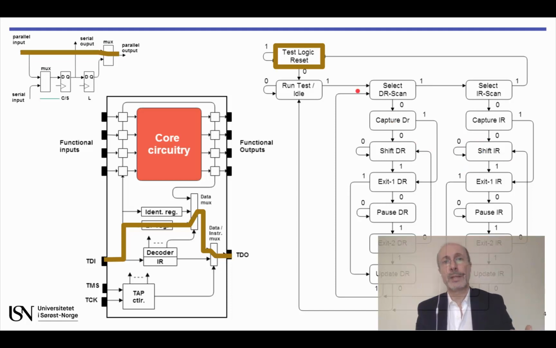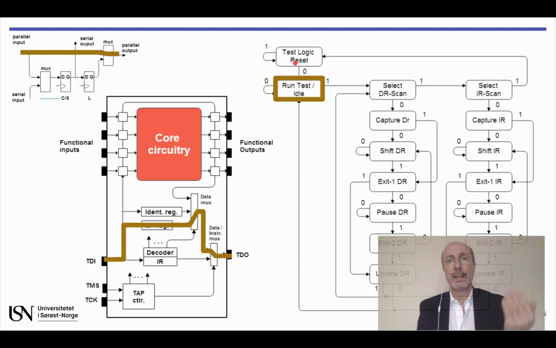So we have to start by driving a 0 to TMS and a rising edge to the test clock in order to go from test logic reset into run test idle. Notice that the boundary scan cells continue to operate in transparent mode as shown here on top.